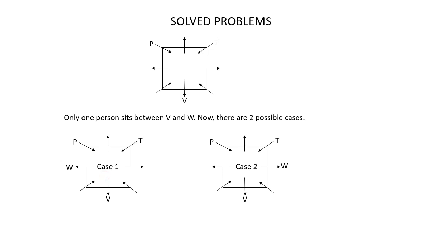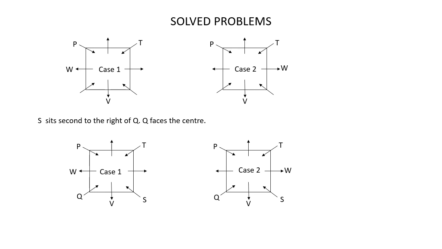Let's place W here so that there's one person between W and V. This is case 2.